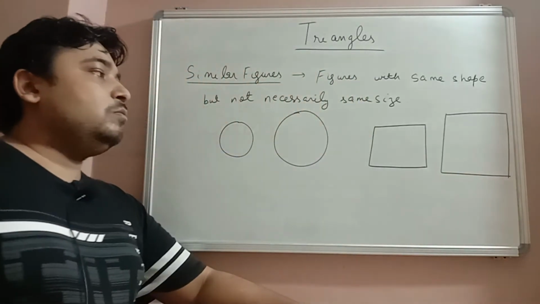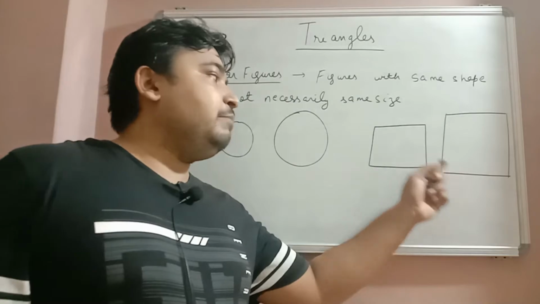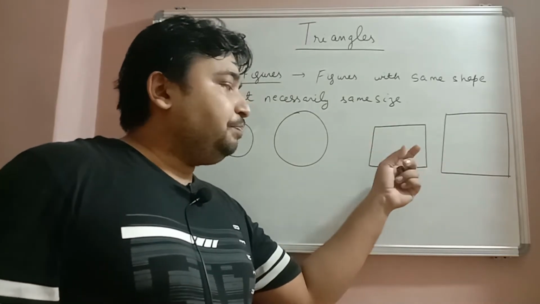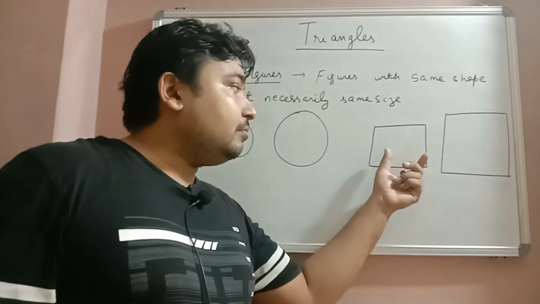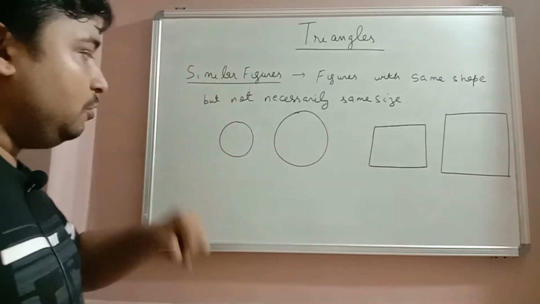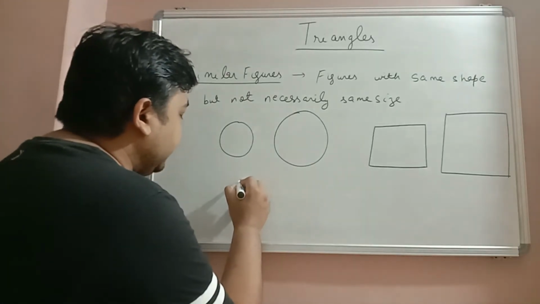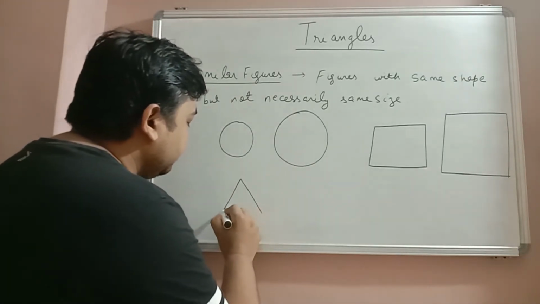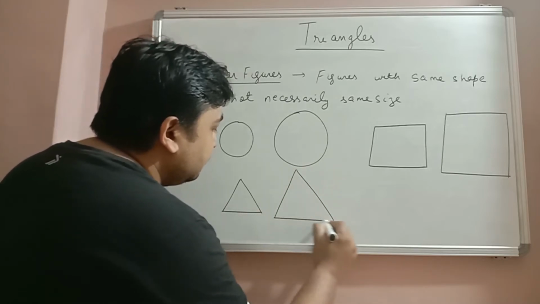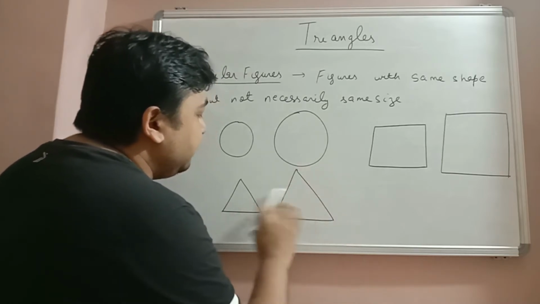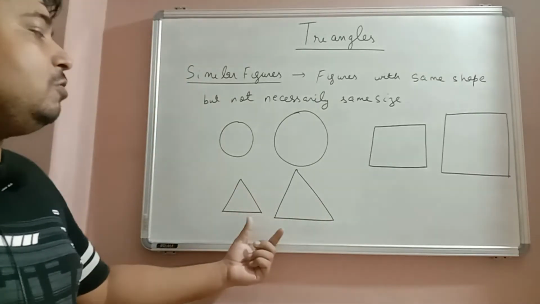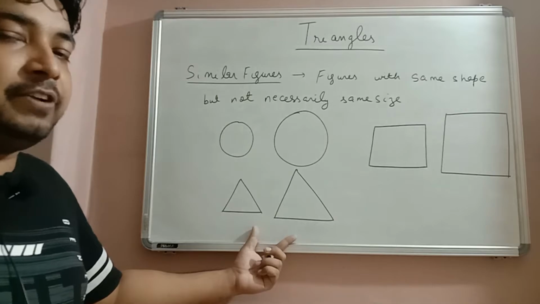Then these two squares will always have the same shape because all have 90-degree angles, and therefore these will also be called similar figures. Now two equilateral triangles, if we take of different side length, again these are of different sizes but they have the same shape. These are also known as similar figures.